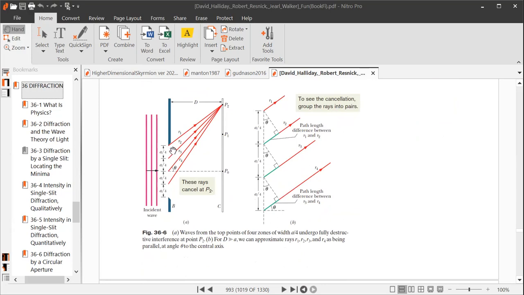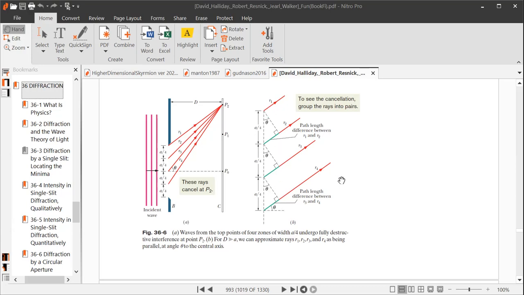For example, we divide the slit into 4 parts, something like this. They have the same path difference to each other.